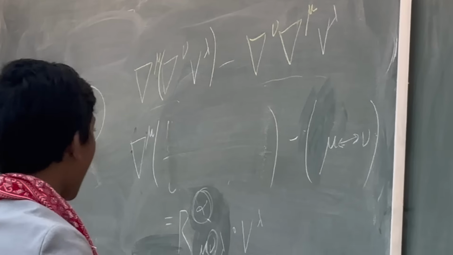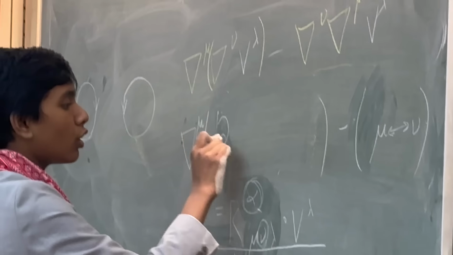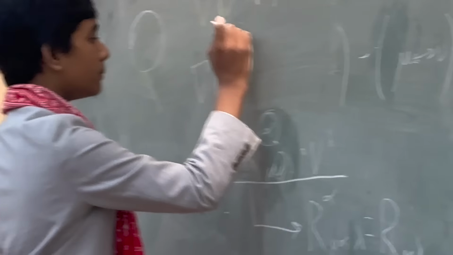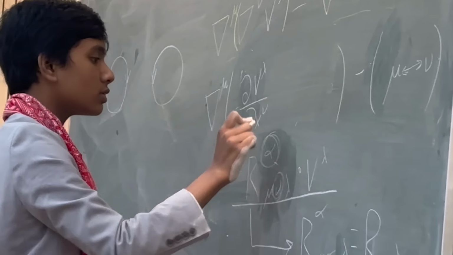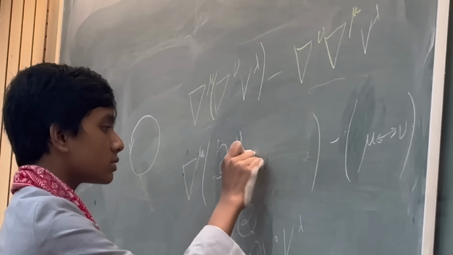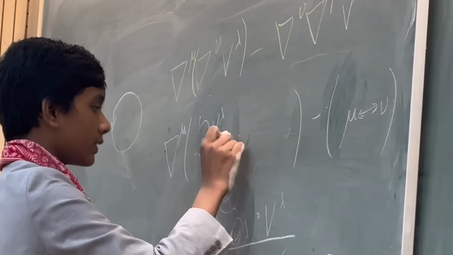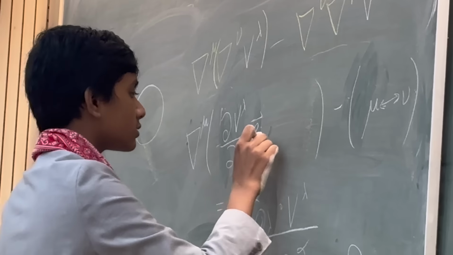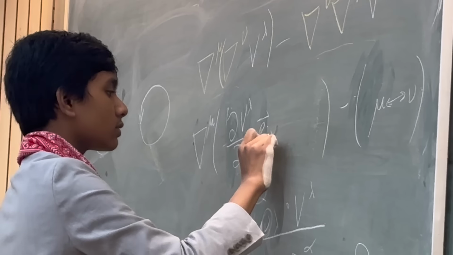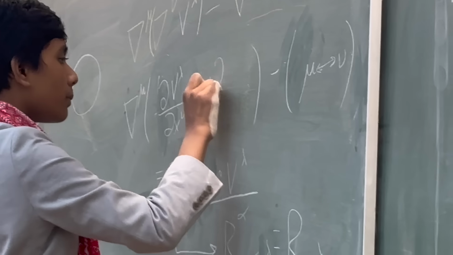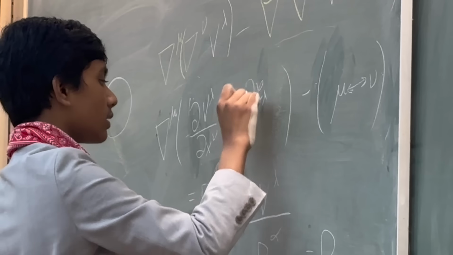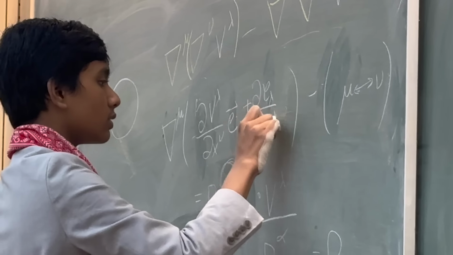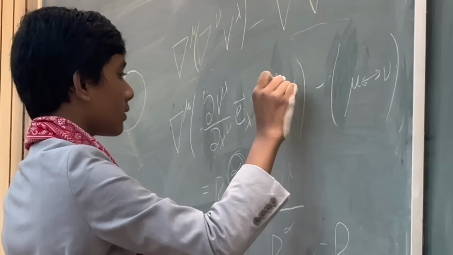There's a similar mistake, actually. So I'm going to rewrite this whole thing as partial v lambda partial x nu plus, as you said, the basis vector partial x nu.